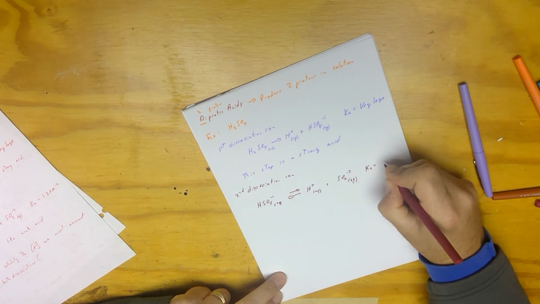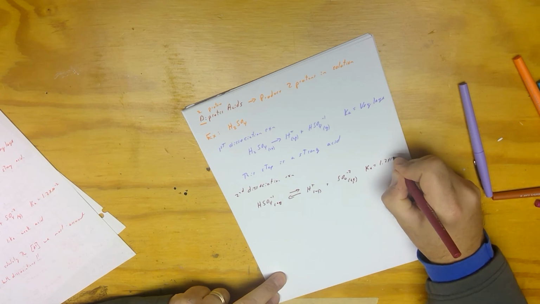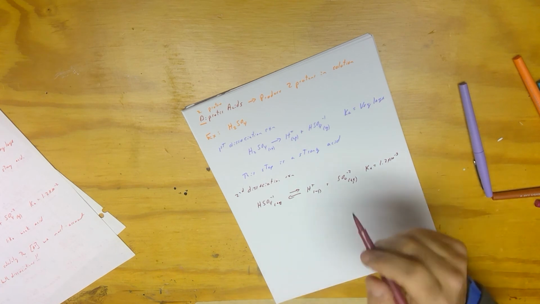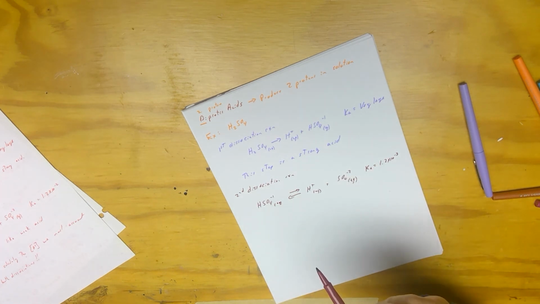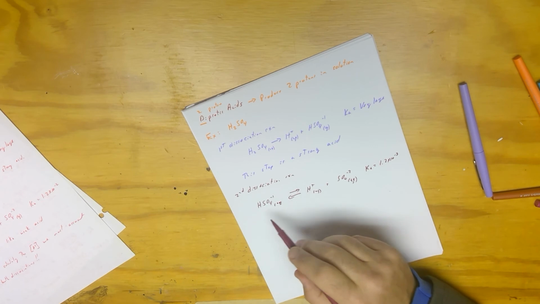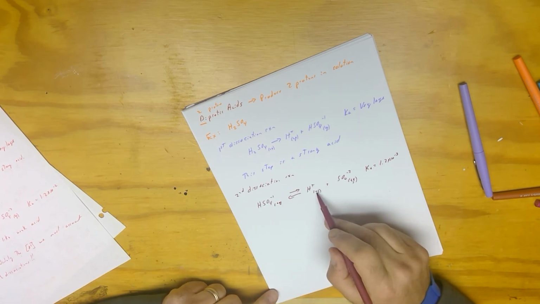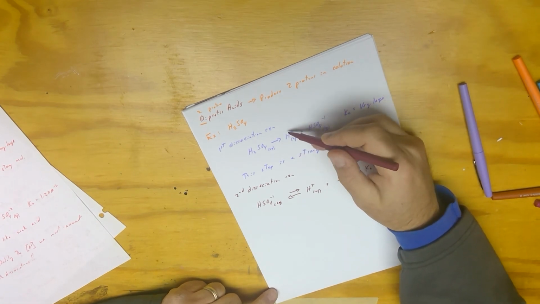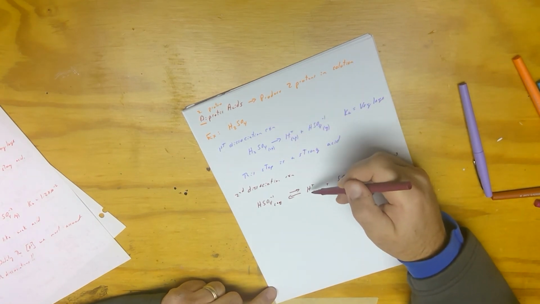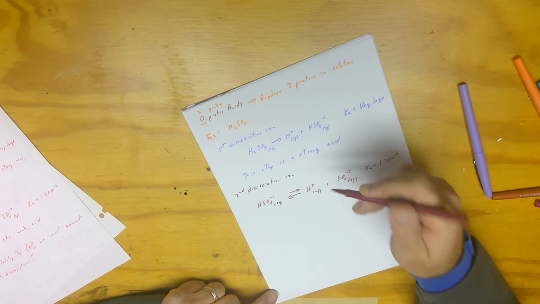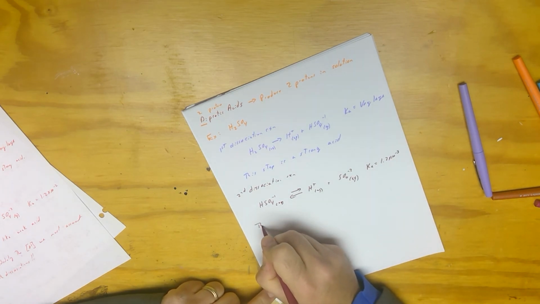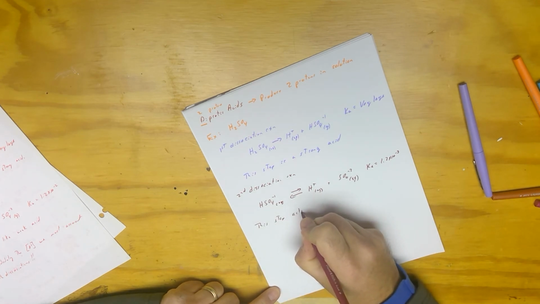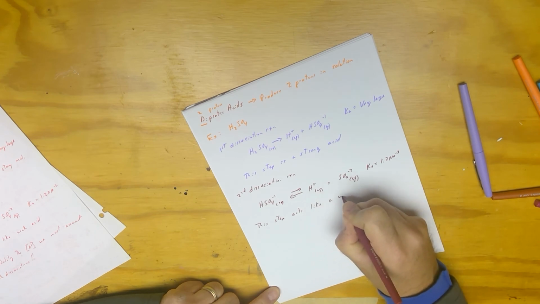The Ka for this is 1.2 times 10 to the minus third. What does that tell me? It tells me that my second dissociation is weak. So am I going to produce a lot of H plus the second time? The answer is no. Most of our H plus is up here, and then we'll produce just a little bit more H plus. So this step acts like a weak acid.